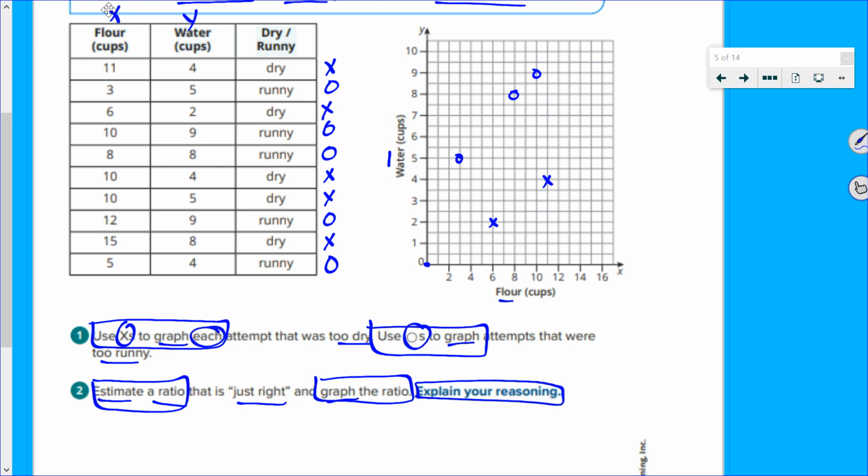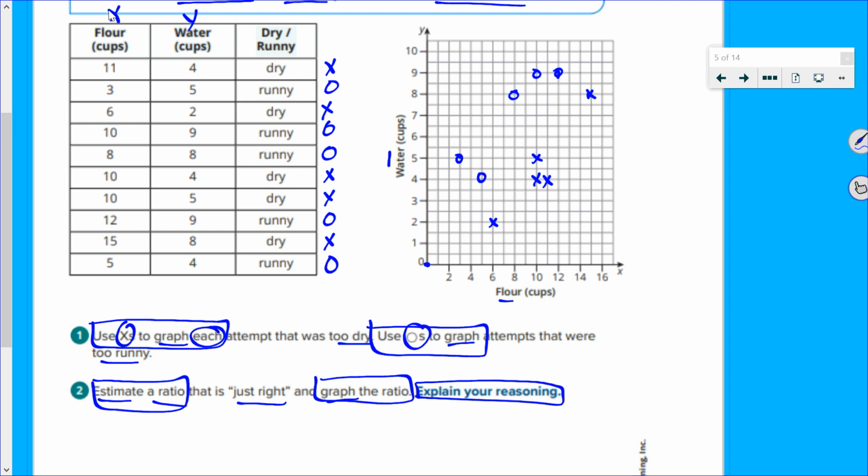At 10, 4, this one was too dry. 10, 5 was also too dry. At 12, 9, too runny. 15, 8 was too dry. And our last one, 5, 4, is also too runny.